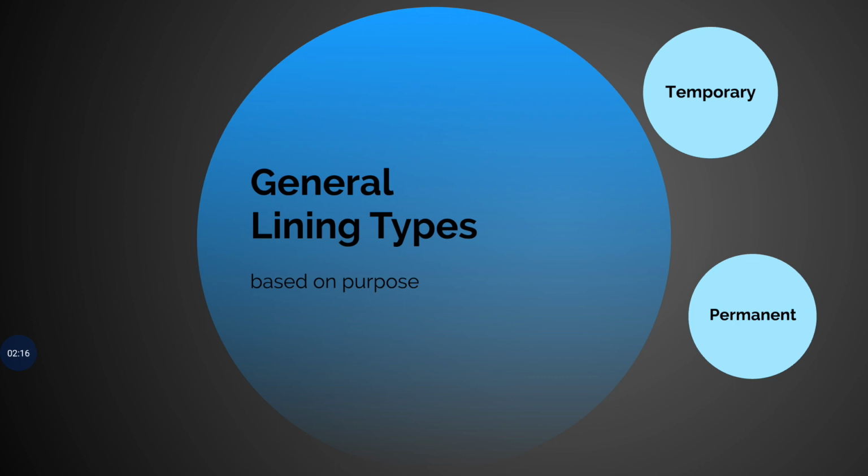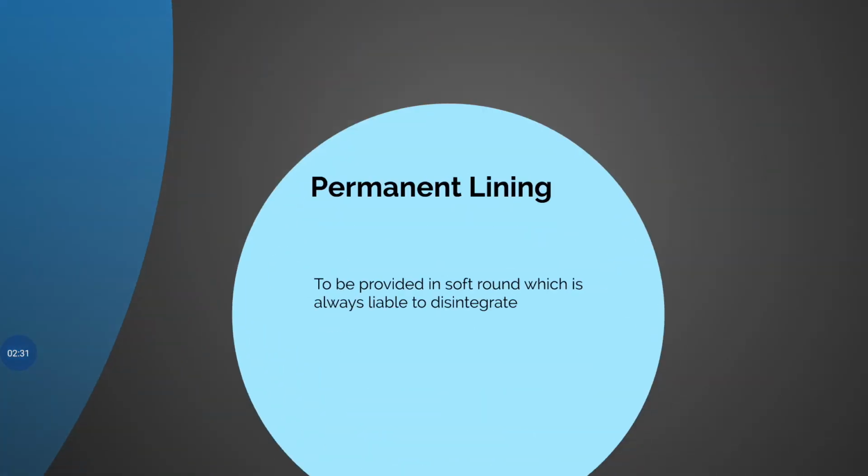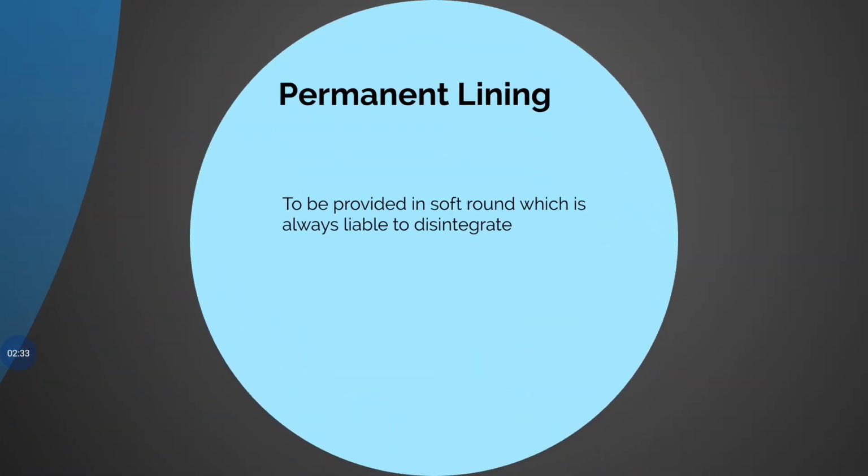It temporarily supports the roof and walls of the tunnel during the construction period, and later you can do it with a permanent lining. Permanent lining is provided whenever the tunnel is constructed in a soft stratum, meaning it is liable to disintegrate, right?